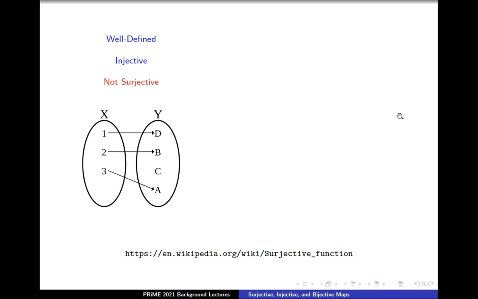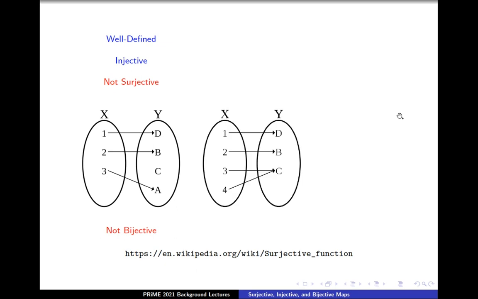In this first example, the domain of the function X has the numbers 1, 2, and 3, mapping to this codomain, capital Y, with the letters A, B, C, and D. In this diagram, we see that the function depicted is not surjective because, for example, the letter capital C in the codomain of the function, there is no element of the domain that maps to capital C. So since it's not surjective, it's also not bijective.